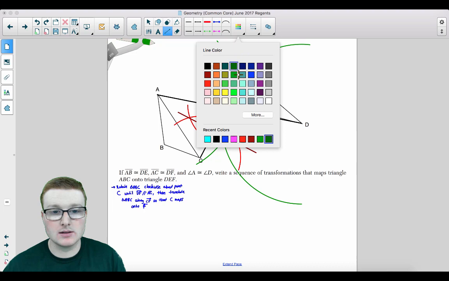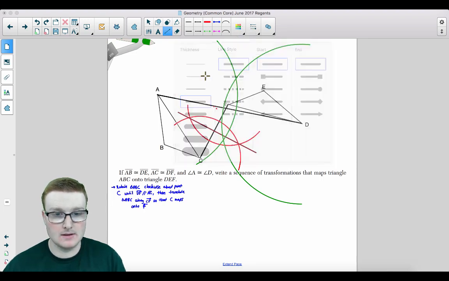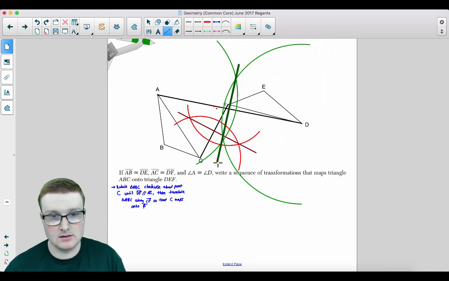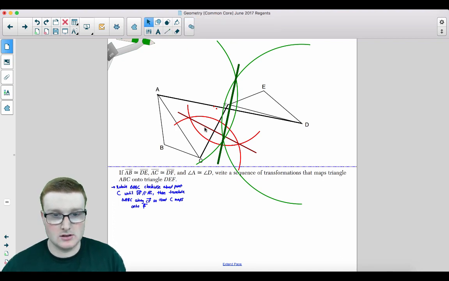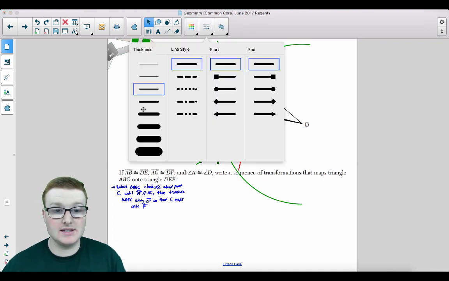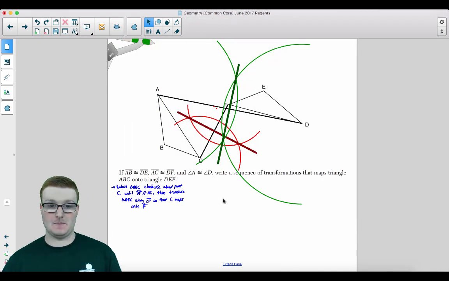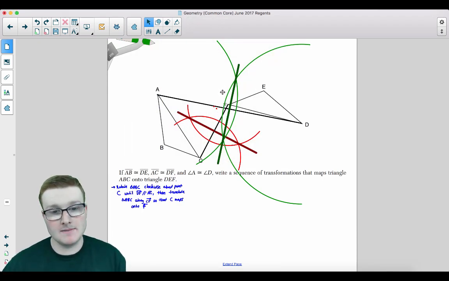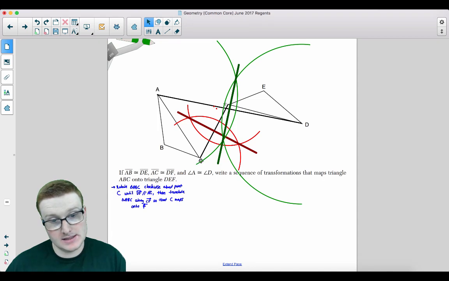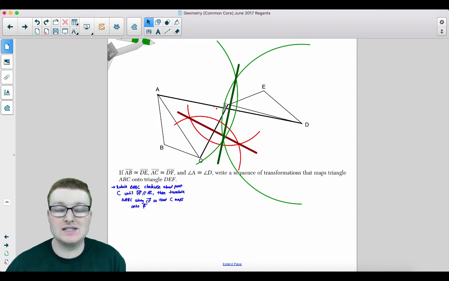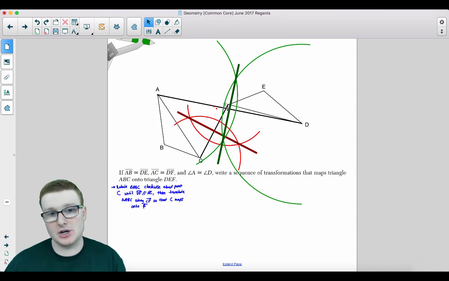This is a lot of work. Draw a line. There it is. So what I'm saying is reflect over those two lines and you map it onto itself. Okay? So flip it over the red line, which point C is going to be mapping onto over here in this vicinity, and then you just reflect it over again over the green line.